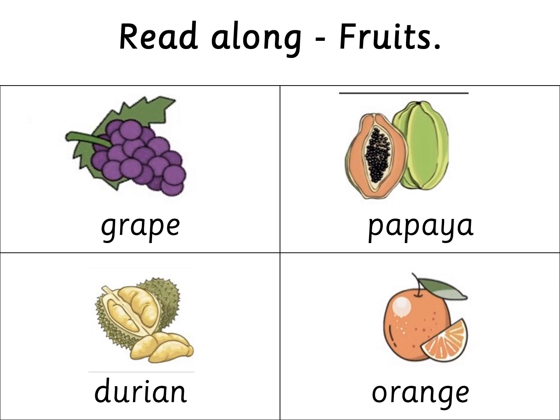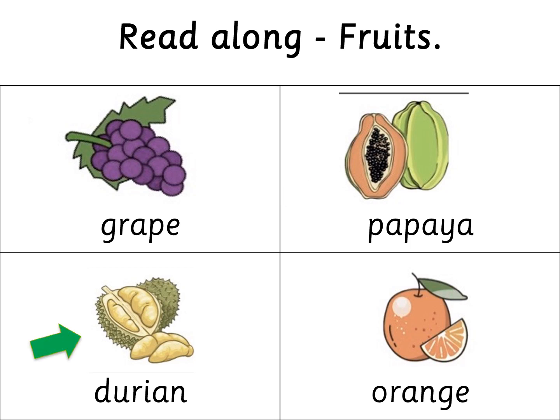Now, let's read along these words. These words are fruits. Now, let's start. Grape, G-R-A-P-E, grape. Next one is papaya, P-A-P-A-Y-A, papaya.